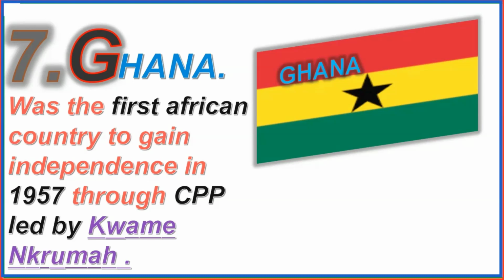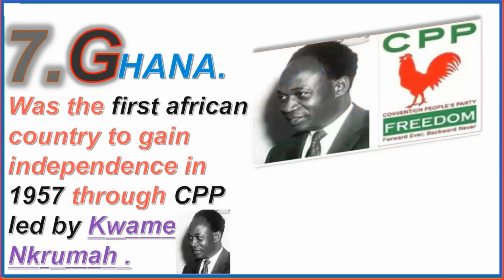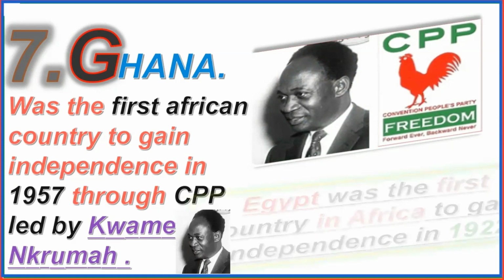Underline the word African, meaning made of black people, because we also have the first country in Africa. We have said Ghana was the first African country to gain independence in 1957, led by Kwame Nkrumah.